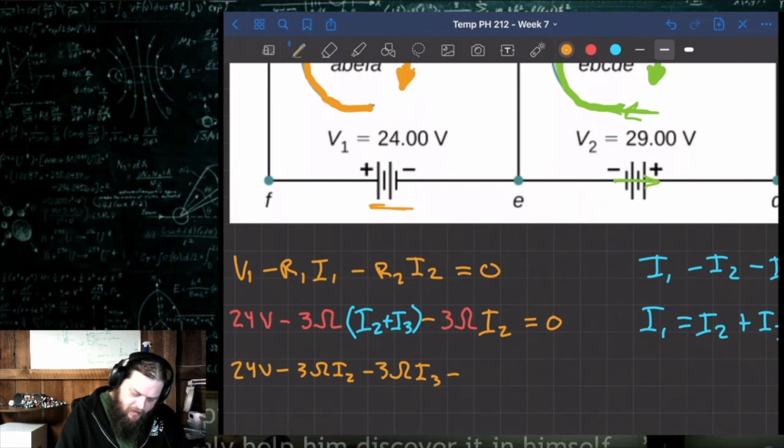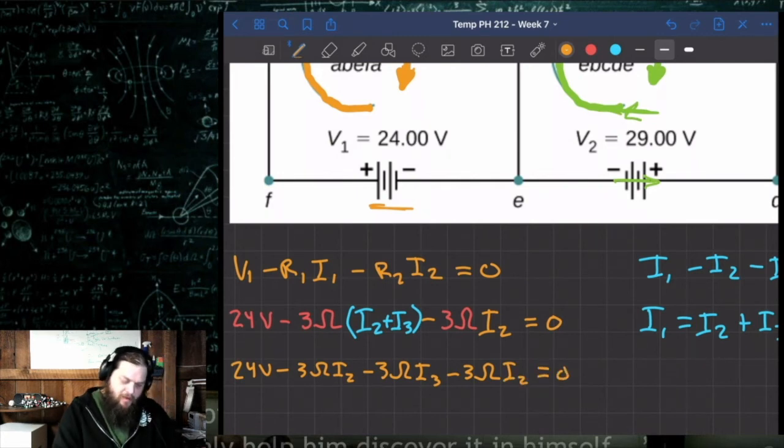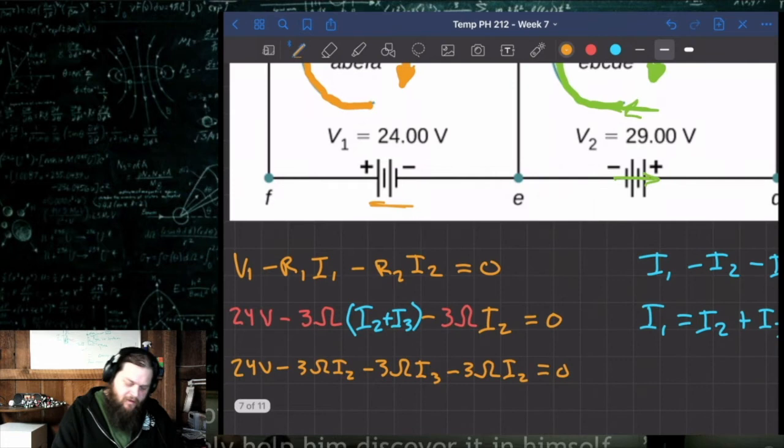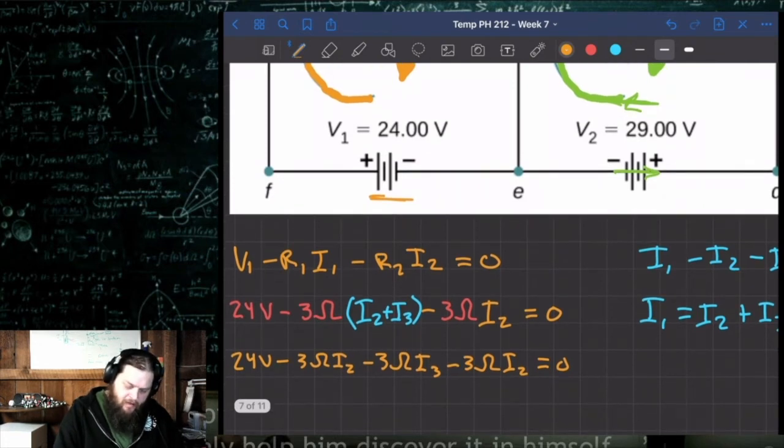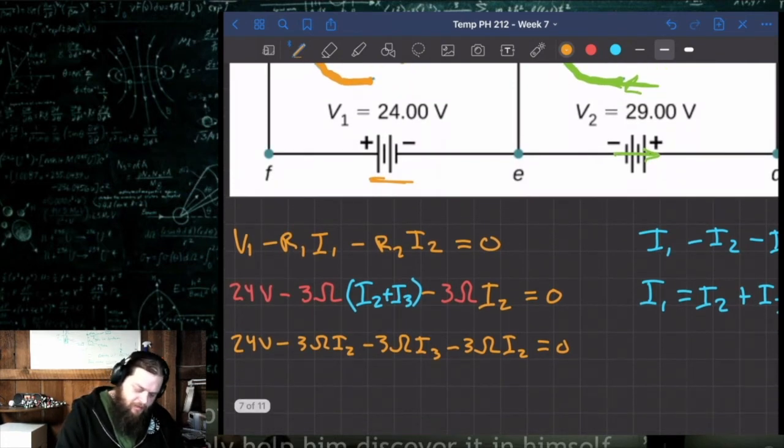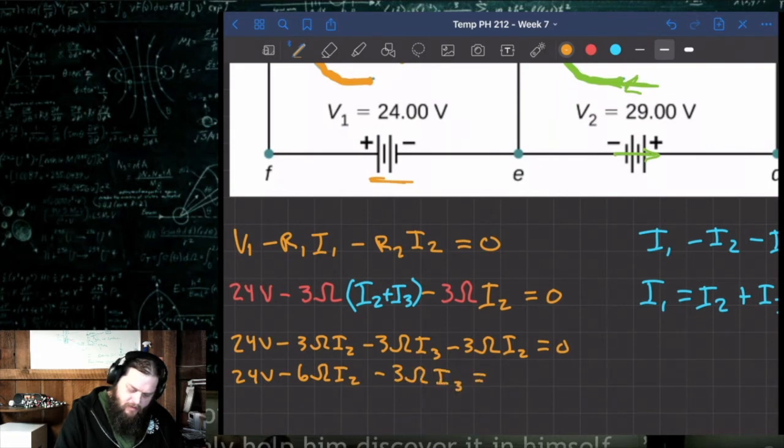Say minus 3 ohms I2 is equal to 0. Just distributing that negative 3 ohms to each of those currents. Notice I can combine two of those I2 terms now. So 24 volts minus 6 ohms I2 minus 3 ohms I3 is equal to 0.